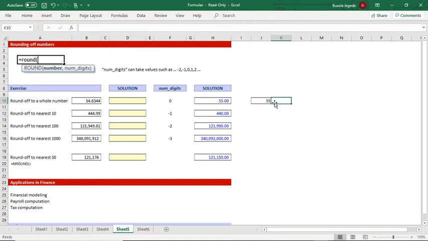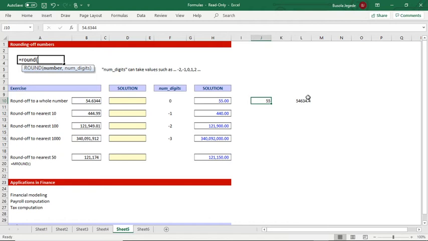And the danger about doing this is that if you now wish to multiply this cell by another value, let me multiply it by 1000 and show you. It actually uses the original value of 54.6344 to multiply.